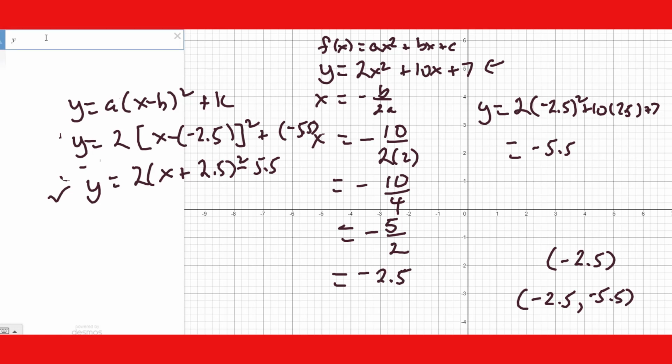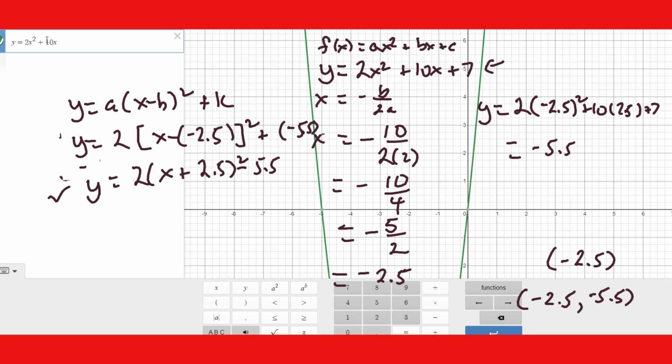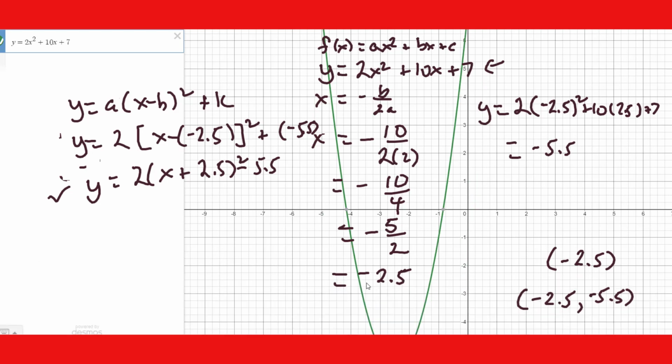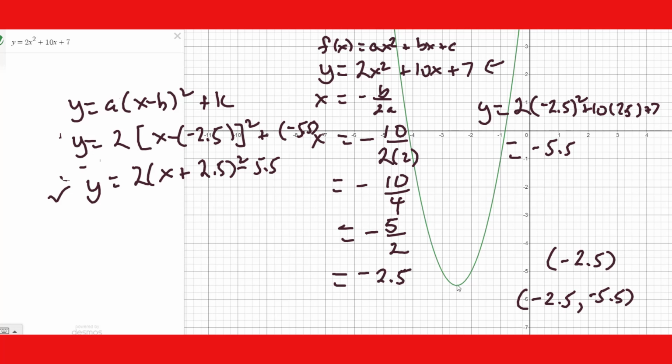So we've got y equals 2x squared plus 10x plus 7. Let's look to see if we did our work on the vertex correctly. We should have a vertex at negative 2.5, negative 5.5.